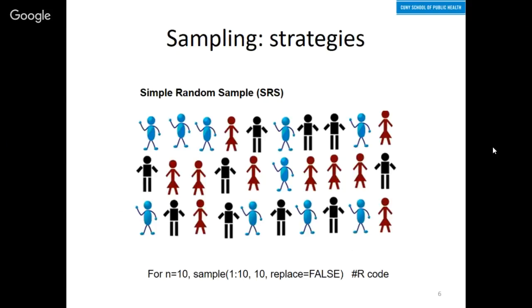You'd use a random number generator, or say, I don't know, put 1,000 numbered ping pong balls into a big roller and pick 10 of them. That is how you would get a simple random sample. So everyone in the population has an equal and independent probability of being sampled.